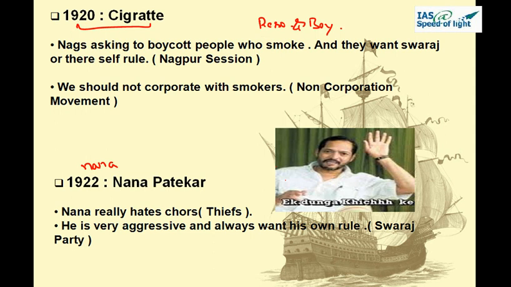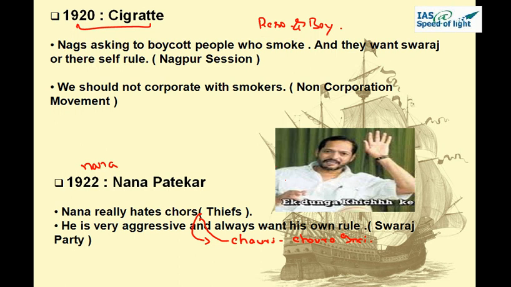What we want to remember here is the Chauri Chaura incident. So from Chauri Chaura incident, we get chors or chori or thieves. Initially, if you remember, Chauri Chaura, we related it with Lord Reading. Okay, some chori had happened at your library, so library was your reading room. So Lord Reading, we related it to Chauri Chaura.